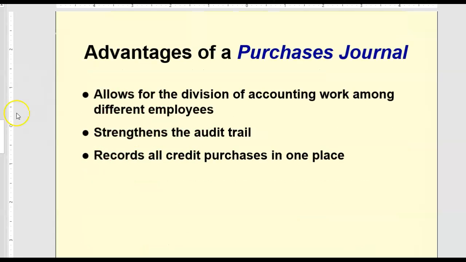Okay, so what's the advantage of doing that? It allows for division of accounting work among different employees. Probably the most important, because like I said earlier, companies have separate accounts payable departments and accounts receivable departments.